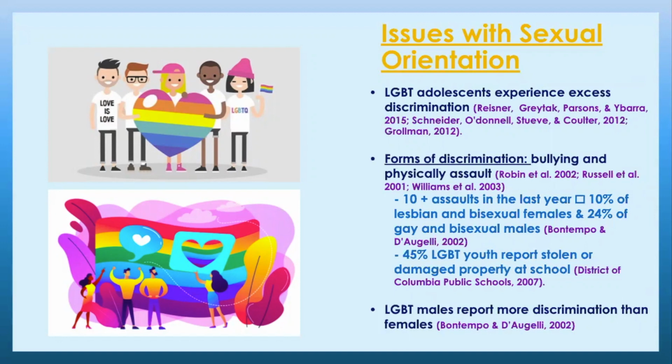For example, 10% of lesbian and bisexual females and 24% of gay and bisexual males reported high levels of discrimination, which included 10 or more assaults at school in the past year. Also, 45% of LGBT youth reported having had their personal property stolen or deliberately damaged at school. Furthermore, it was found that LGBT males reported more sexual orientation discrimination than females.